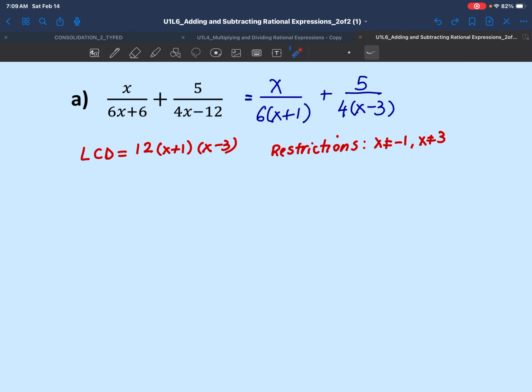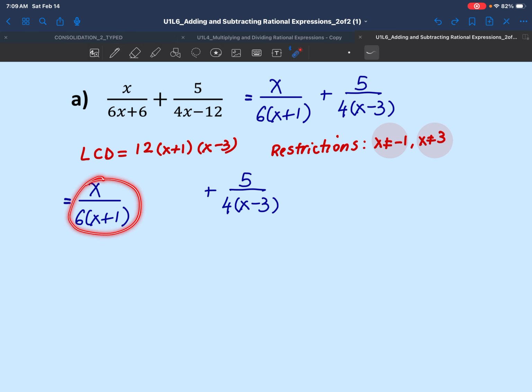So in the next step, we're going to make the denominators of this expression the same as the lowest common denominator. And for this, I like to rewrite the exact same expression, but a little bit further apart from each other. What I mean by that is that we need to leave a little bit of room for the rest of the denominator in each rational expression.